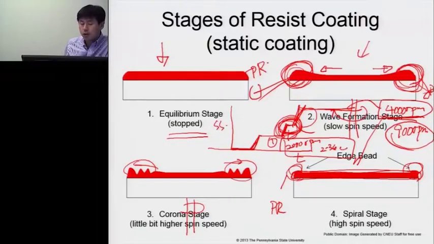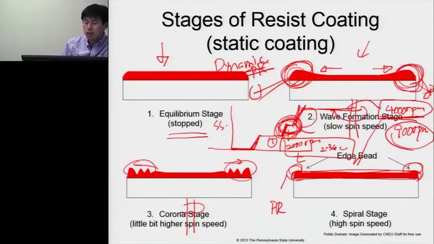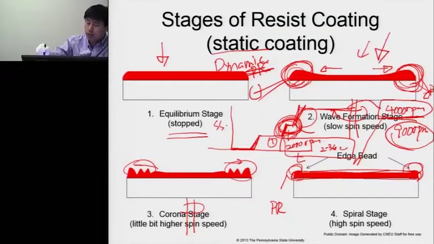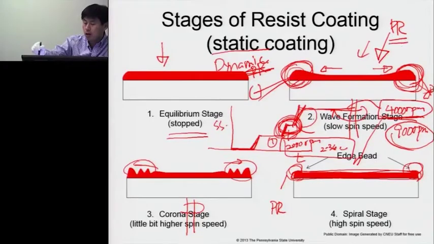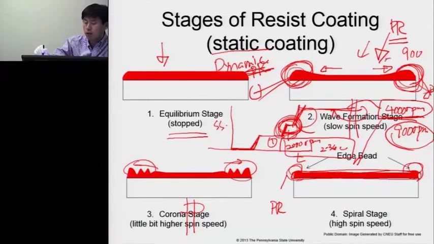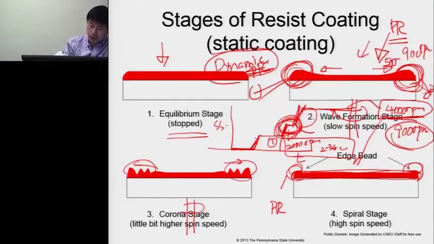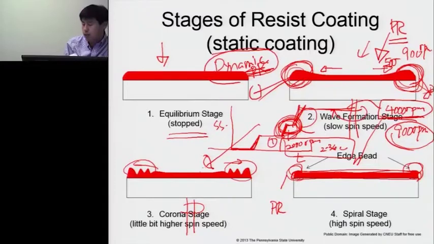This strategy applies the same to dynamic coating. The only difference between static and dynamic coating is that we apply the photoresist at the stage when the substrate is slowly spinning, around 500 to 900 RPM. But even dynamic coating needs this intermediate spin speed and then the final spin coating speed.